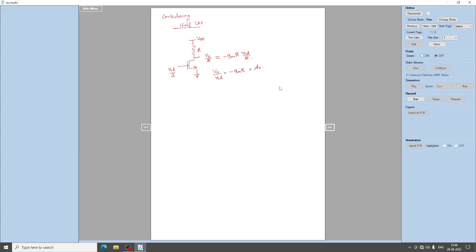So even though the input is differential for this differential amplifier, by the property of symmetry, by making this symmetric node to be 0, right, the gain remains same, right? So this is half circuit analysis, differential input, right?